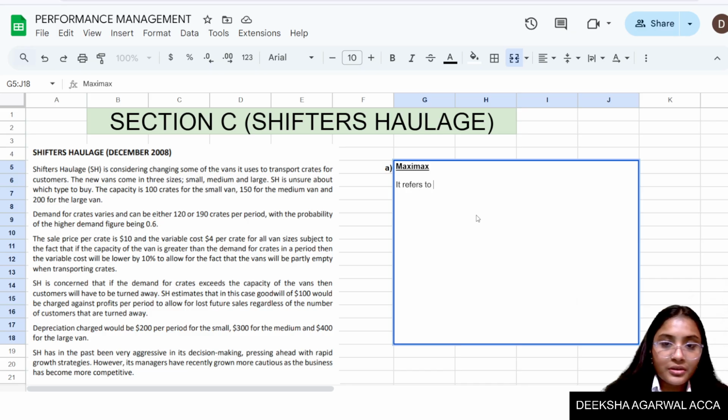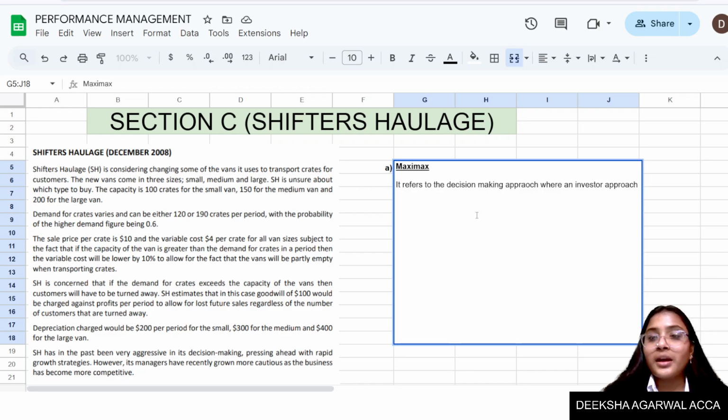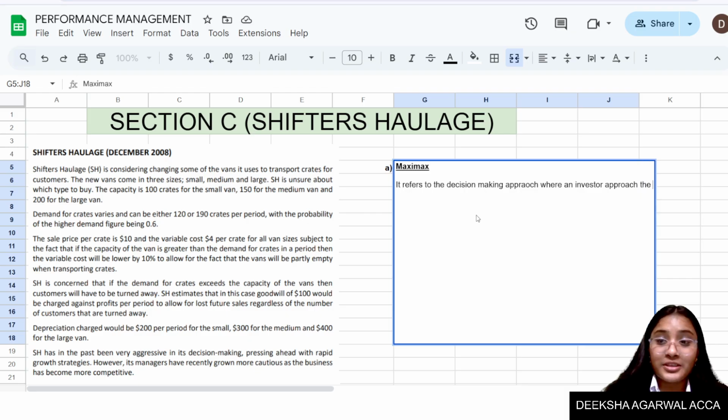See how I have given three headings. I will be creating three different headings. It's 5 marks. I can write 2 marks each and one for a shorter bit, right? A decision making approach where an investor aims to achieve the highest possible return.